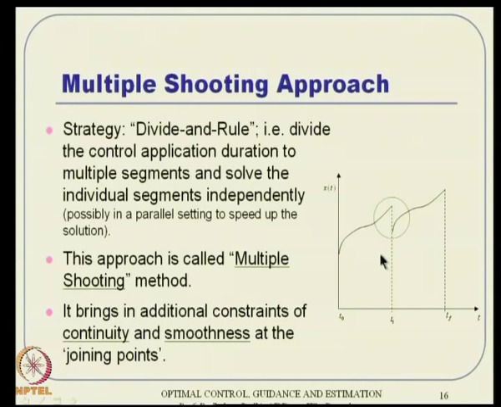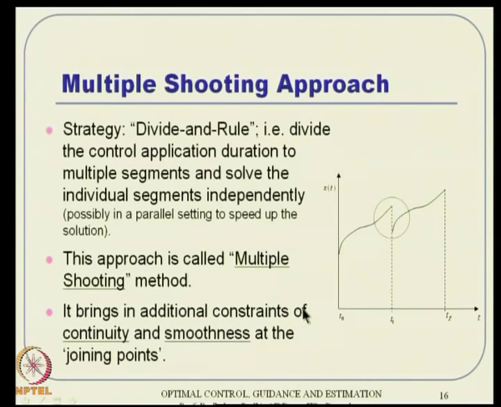Okay, but it also brings additional constraints of continuity and smoothness. So, remember these are all artificial divisions actually, but the problem is not like that. The problem operates from T0 to Tf in a continuous sense actually, and the system dynamics are typically subject to non-holonomic constraints and all that we discussed before. The system trajectory is not going to admit any discontinuous or non-smooth trajectory and things like that.